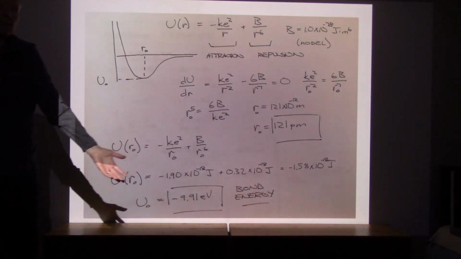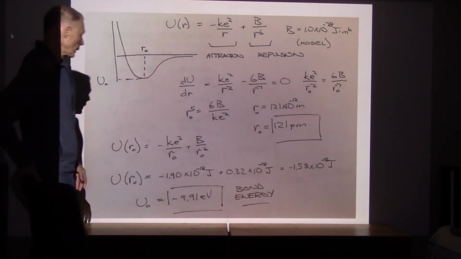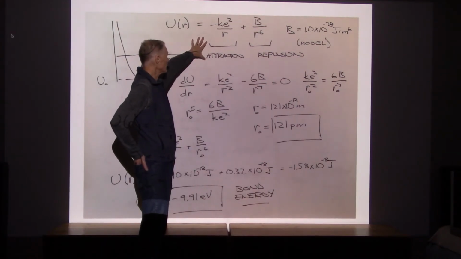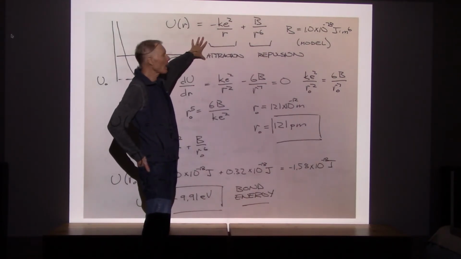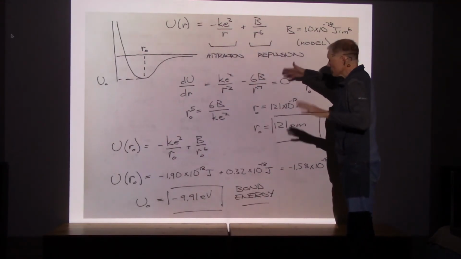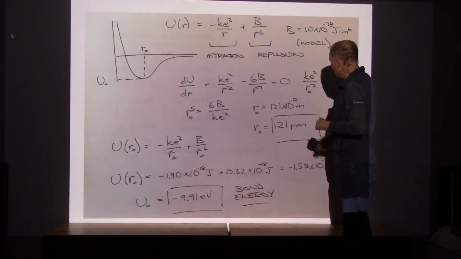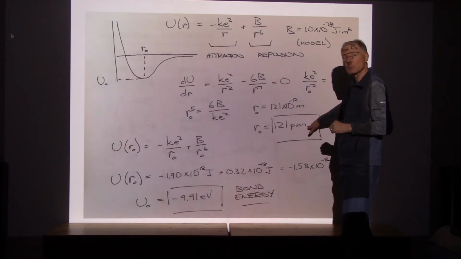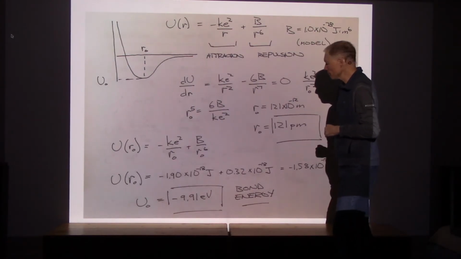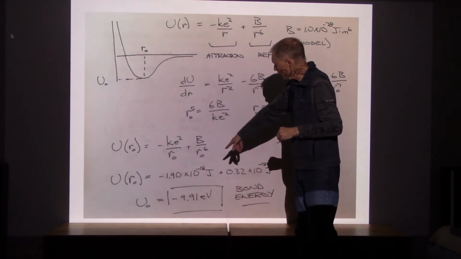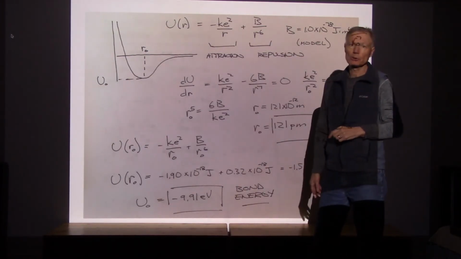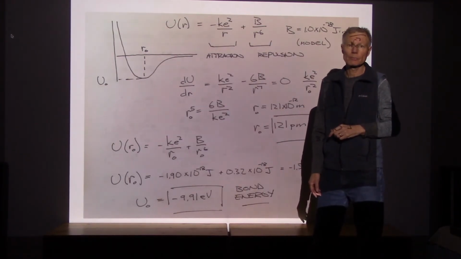So it's saying, hey, that's the bond energy. If this is reliably modeling the chemical bond properties, then this minimization, taking a derivative, allowed us to find out what the equilibrium separation would be. That becomes the bond length. And then we can plug that number back in and find out the value of the energy function for that distance.